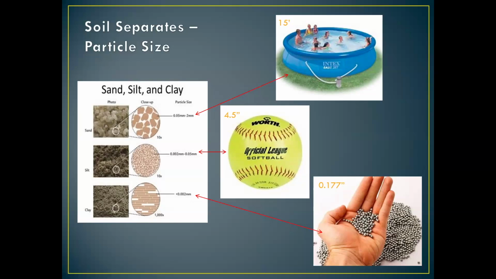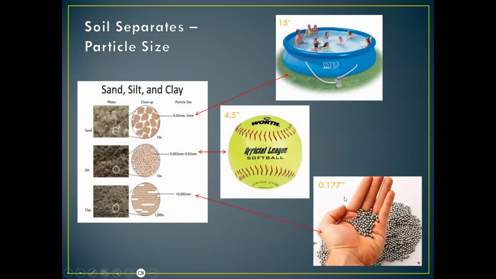So it's sort of hard to compare what 2 millimeters is to 0.05 millimeters to 0.002 millimeters. An analogy or way to think of that is, if I had a piece of material that was 15 feet in diameter, like a swimming pool, that would be a sand particle. A particle the size of a softball, 4.5 inches across, would be equivalent to silt. So you can see how much different a sand and a silt particle is.